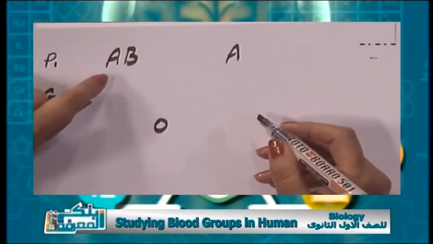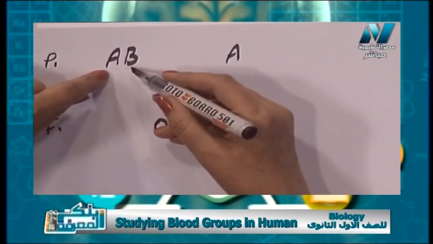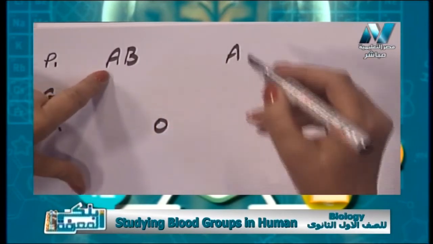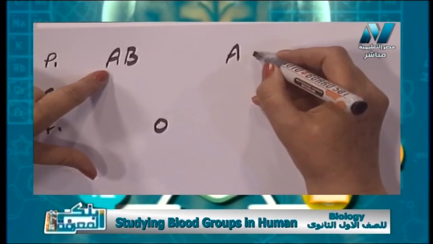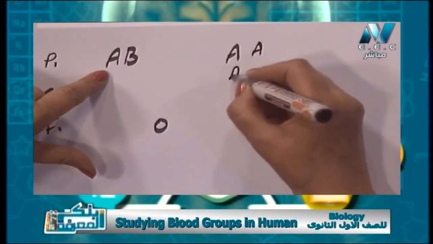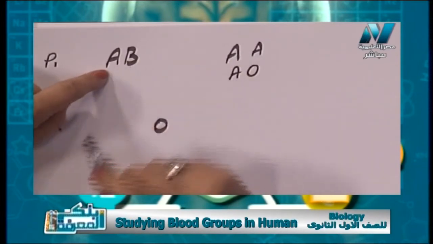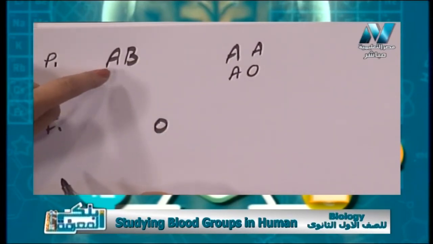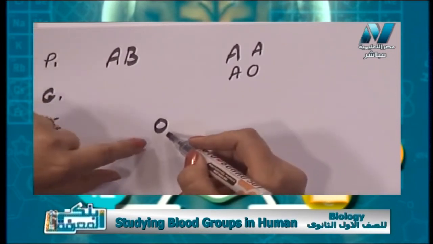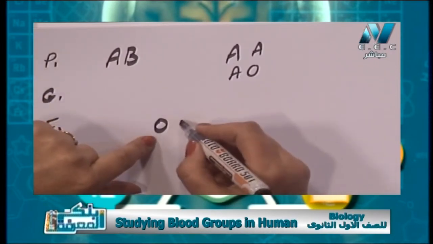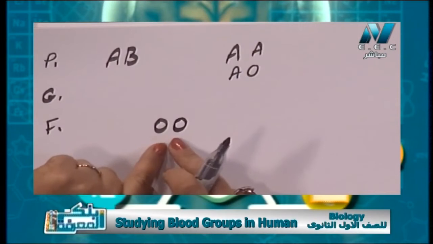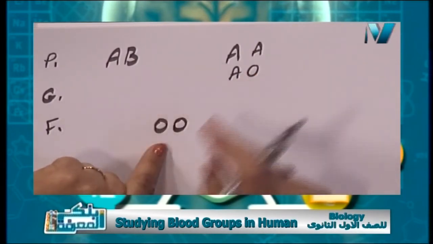What do you think? The blood group A could be AA or AO. And the blood group AB has no other chance. It must be AB. And this child should get 2 O genes, one from each parent.